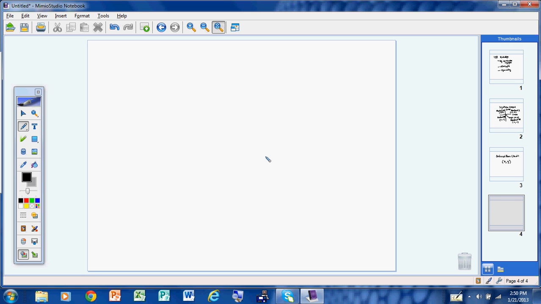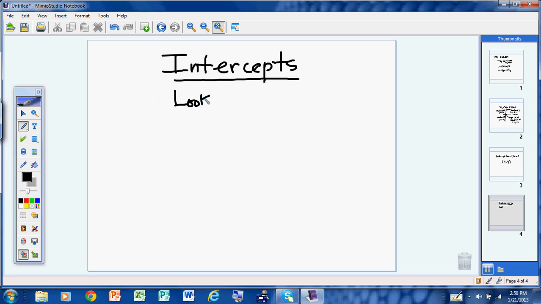Now let's talk about intercepts. Okay. With intercepts, what does it look like? And we can look at that by looking at a graph to describe or identify them.